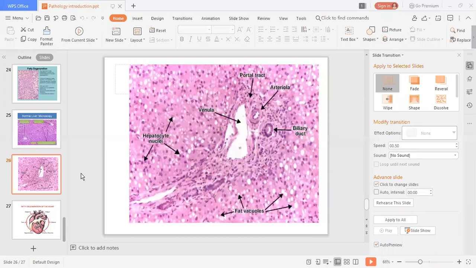Then lack of oxygen in conditions like anemia, or anoxia in conditions like congestive cardiac failure, and lack of lipotrophic factor. So these are all the conditions related to accumulation of fat inside the liver.